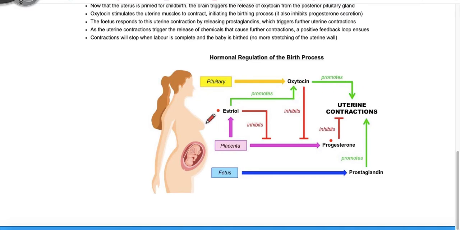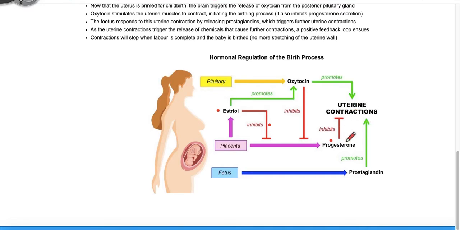So at the birthing process, the levels of estrogen shoot up higher than the levels of progesterone. The higher the levels of estrogen are, that is going to inhibit the levels of progesterone. Remember that the progesterone has been keeping the endometrium. So as the levels of progesterone drop, that means that the fetus can be expelled as well.